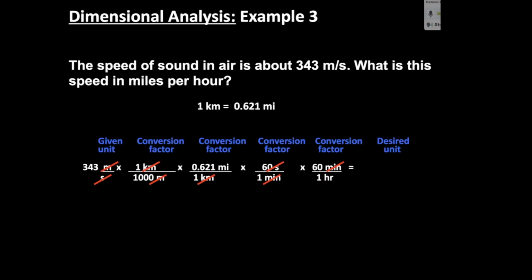Then we go through and carry out our math, which I'm going to bring up my calculator for.